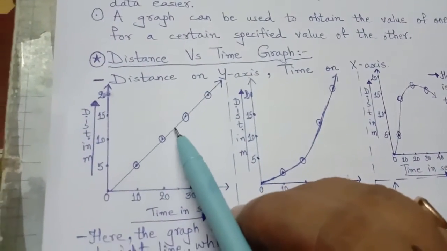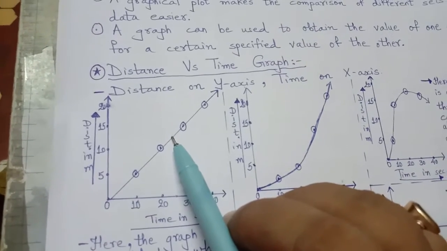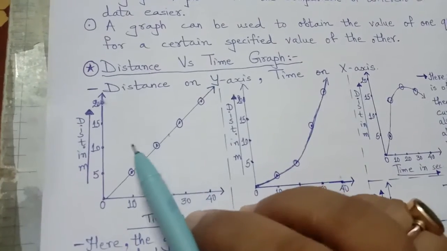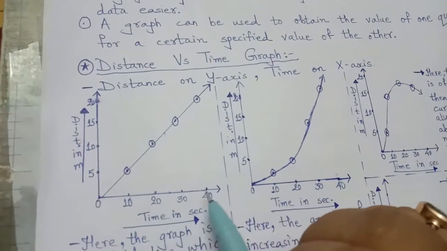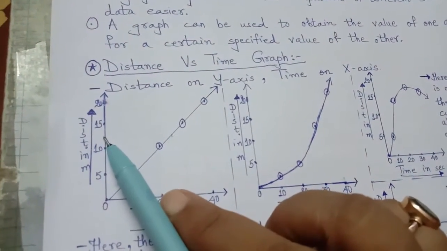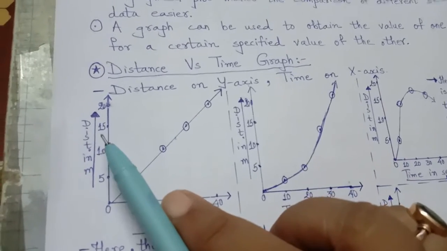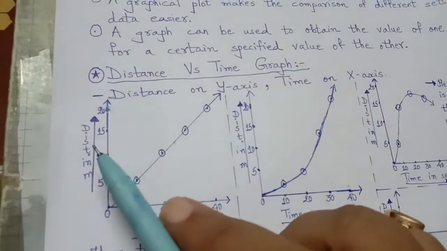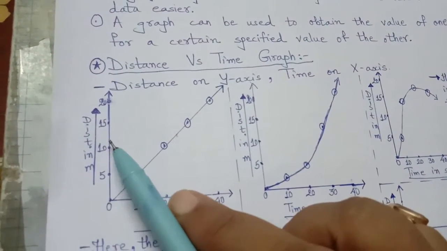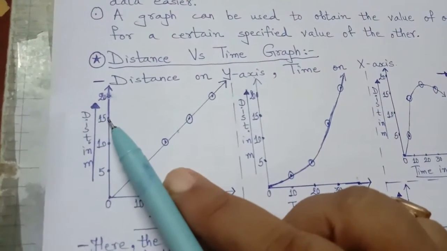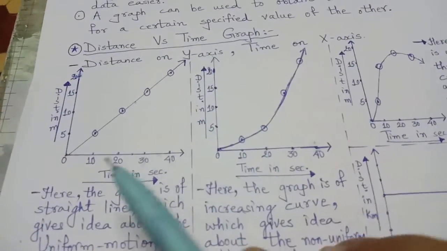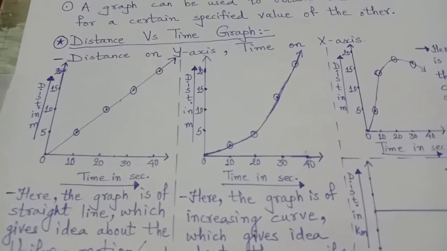And with the help of the ruler, I'll make a horizontal line parallel to the x-axis, coinciding at y, which will give me the idea that at 25 seconds the object is between 10 to 15 meter. I'll take the ruler and show you later on.